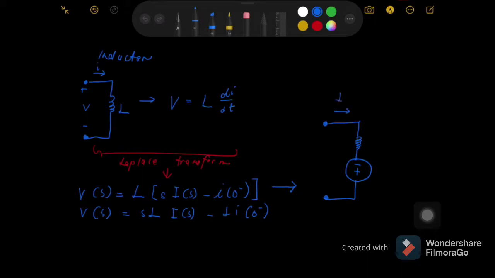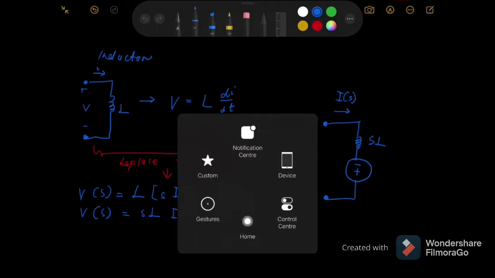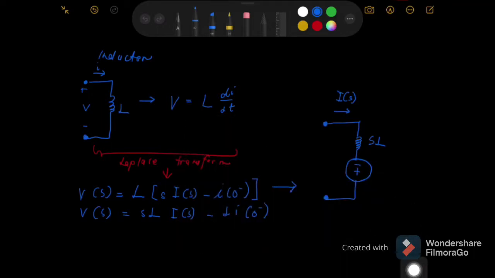From the original circuit, the current goes this way, with the inductance L, referring to the equation again. Now we are left with the voltage source L i(0). That's all.